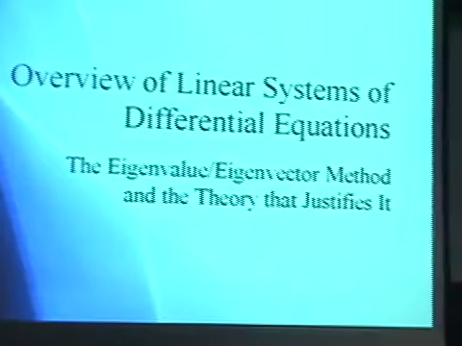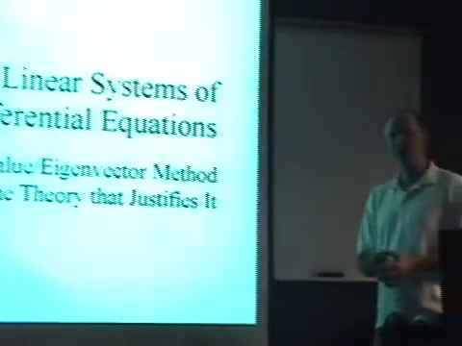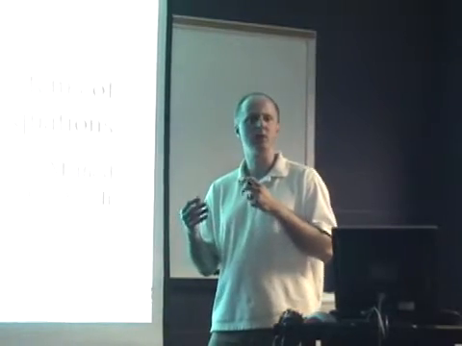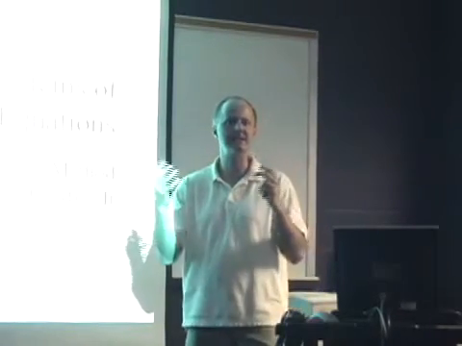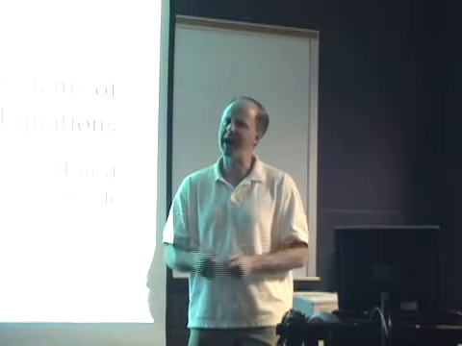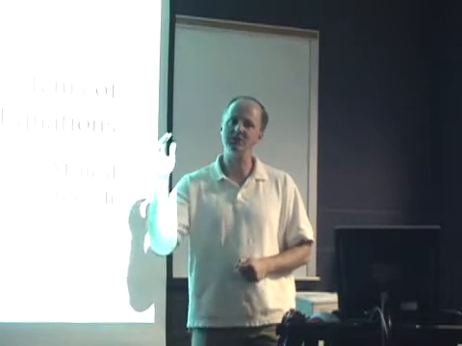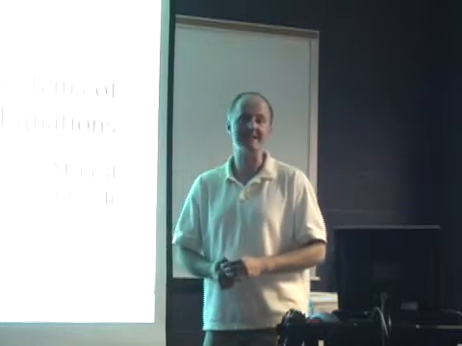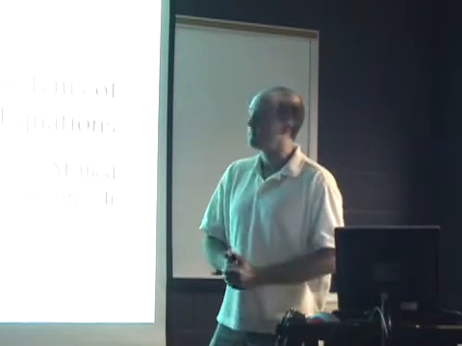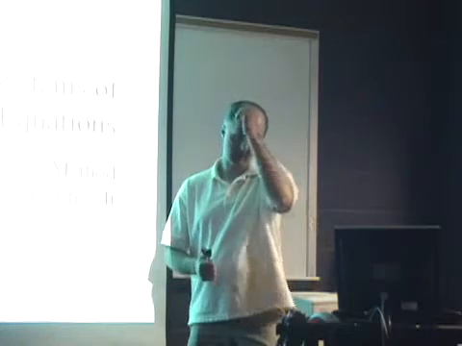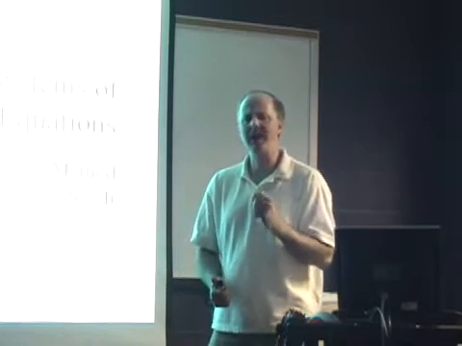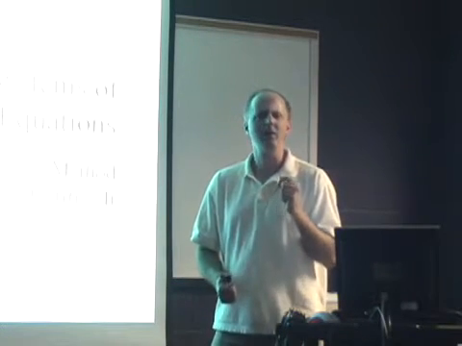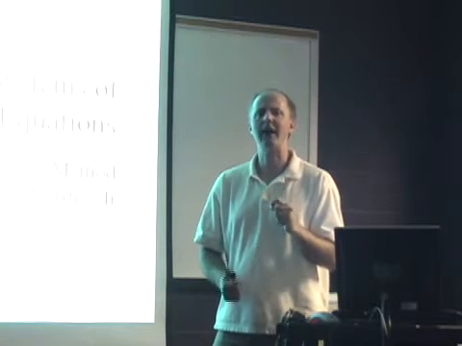What I like to do in teaching theory like this is I like to sort of work backwards. I kind of like to deconstruct the theory. When you read math textbooks, quite often you see just the finished, polished product that is very pretty, and mathematicians enjoy looking at that finished product a lot, but it doesn't really give you a whole lot of insight into what kind of thinking went into it.